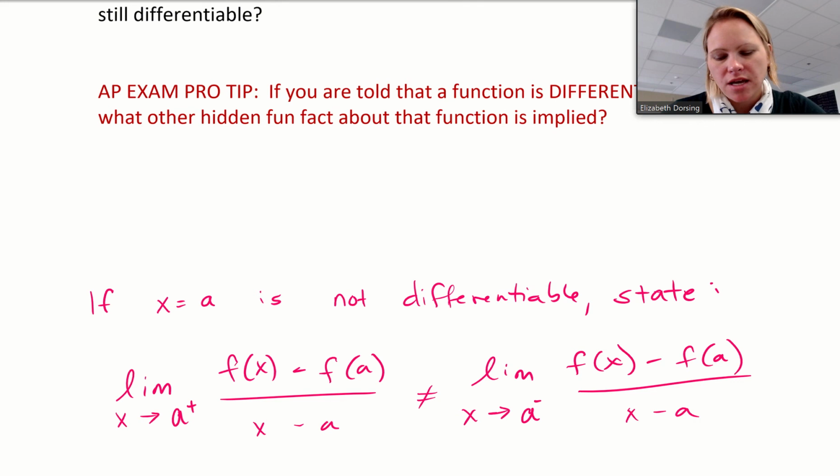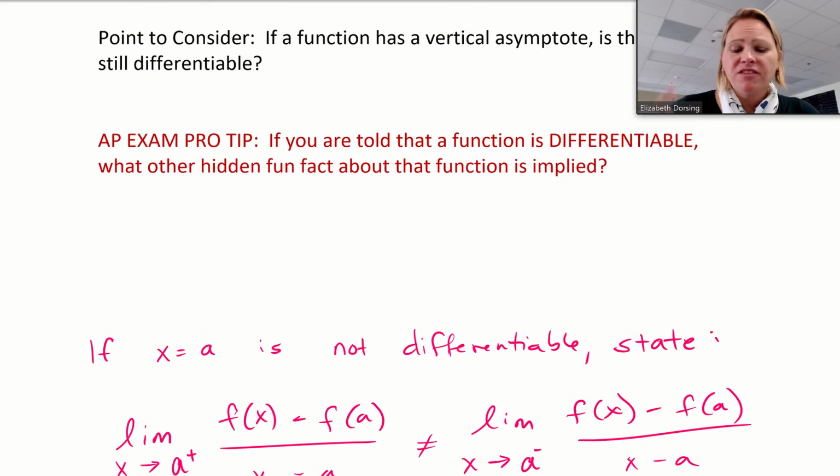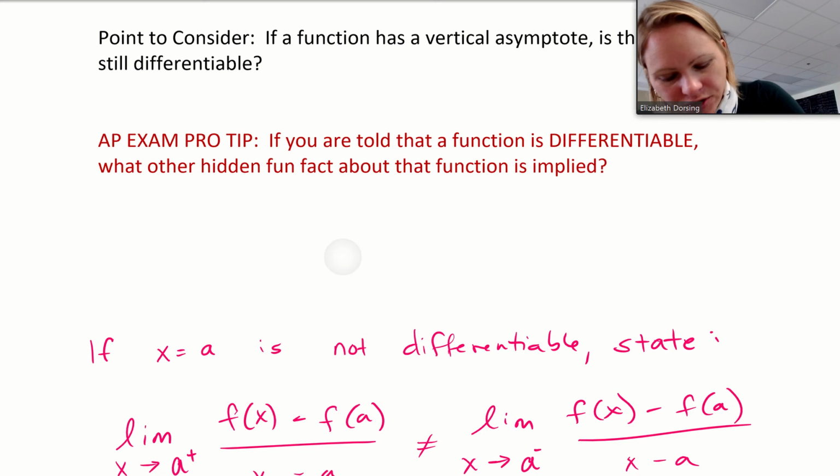And then here's my other AP exam pro tip. If you are told that a function is differentiable, what other hidden information are you told? Now we talked about if it's not differentiable at corners, cusps, but then there was one other piece in there, and that was discontinuity. So if you're told that a function is differentiable, you're also told that it is continuous.